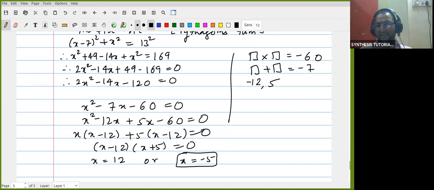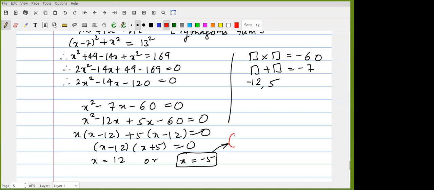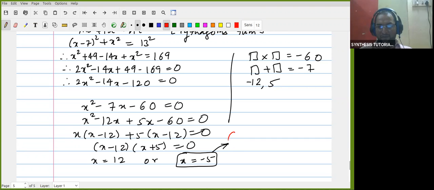Now can length be negative? No. Okay, so you should write here that length cannot be negative.